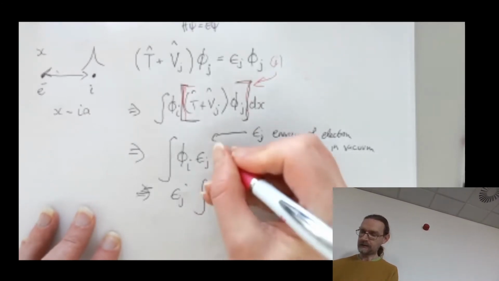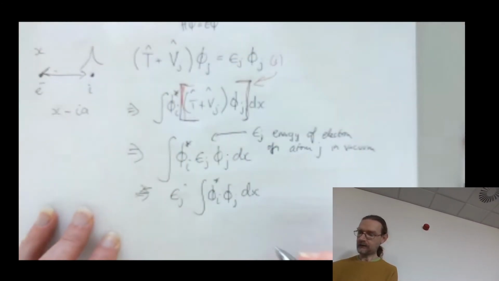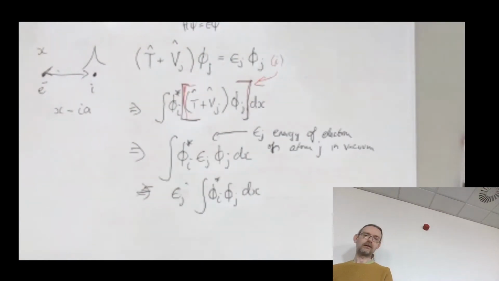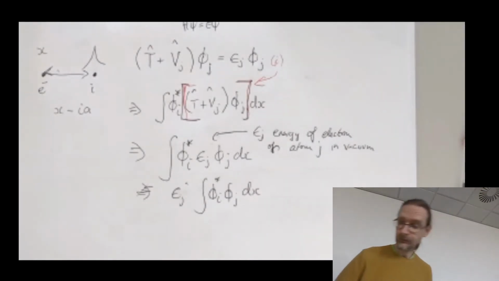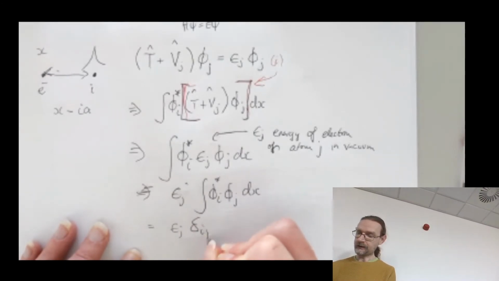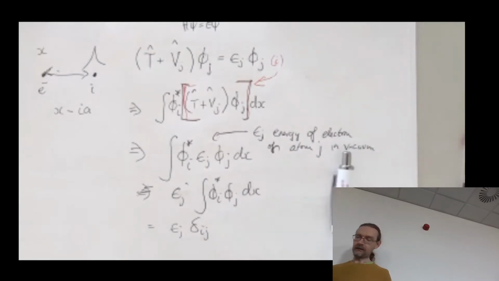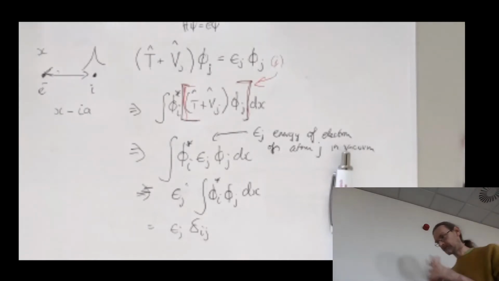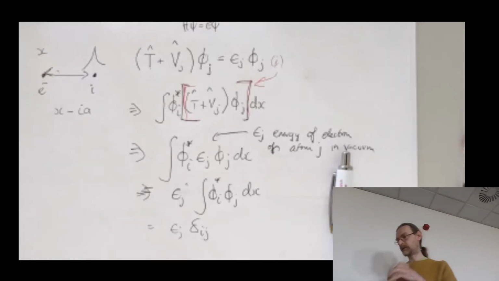I'm ignoring the complex conjugate, but it doesn't make any difference. So that's equal to epsilon j times this Kronecker delta, which is equal to 1 if I and j are the same, or 0 if they're different. We've agreed beforehand that that will be the case for our basis functions. They're orthonormal. If they're on different atoms, they're far enough apart that when I do this integral, I get 0.